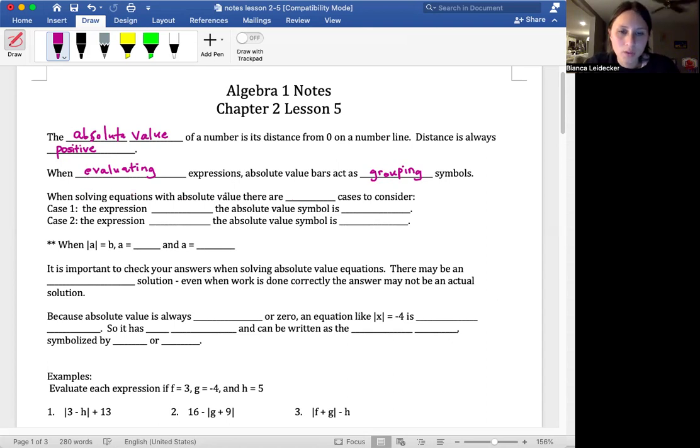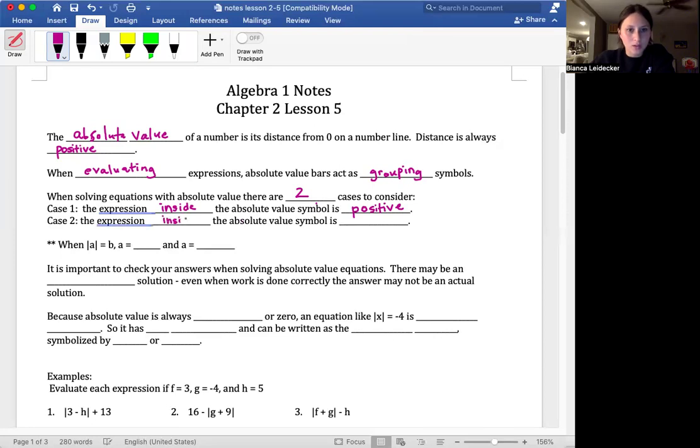When solving equations with absolute value, there are two cases to consider. Case 1, the expression inside the absolute value symbol is positive. Case 2, the expression inside the absolute value is negative.